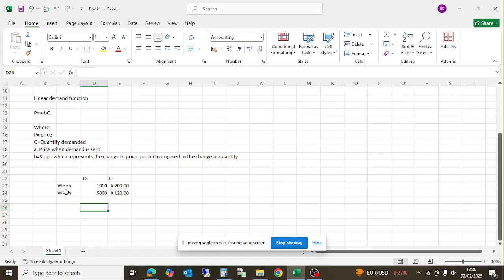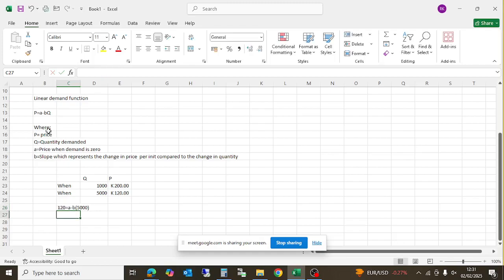What is this telling us? Basically, when our price is 120, we don't have A, we don't have B, but our quantity is 5,000.